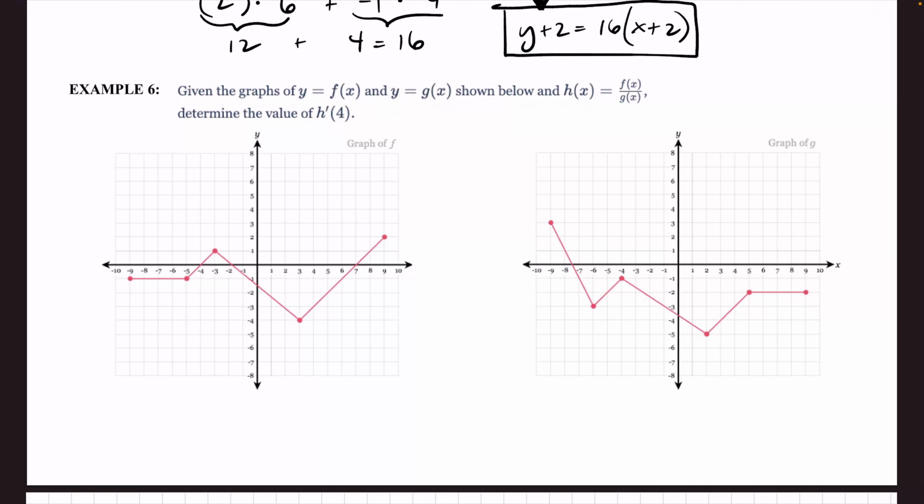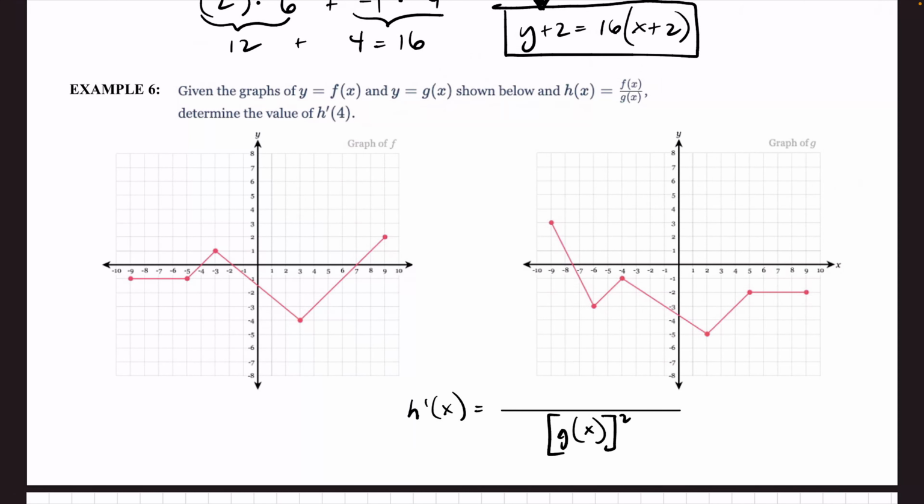So h prime of x is low times the derivative of the high, minus the high times the derivative of the low. Now we're going to plug in 4, since 4 is the value they want us to plug in.